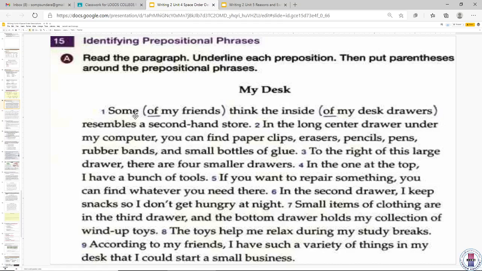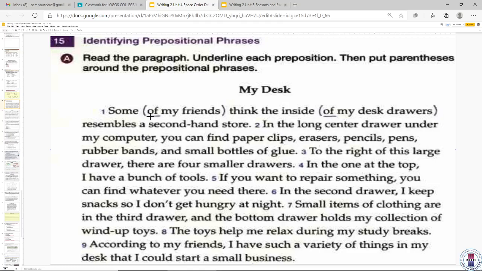Okay. This exercise is on page 128. It says identifying prepositional phrases. They want you to underline each preposition and then put parentheses around the prepositional phrases.